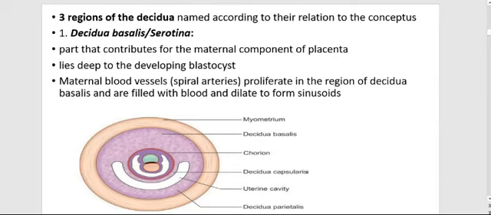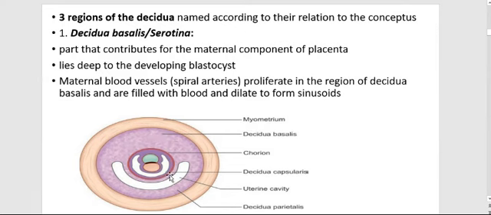So the decidua basalis is the part of the decidua which contributes to the development of the placenta. This is the maternal structural component of the placenta. So the maternal part comes from the decidua basalis.